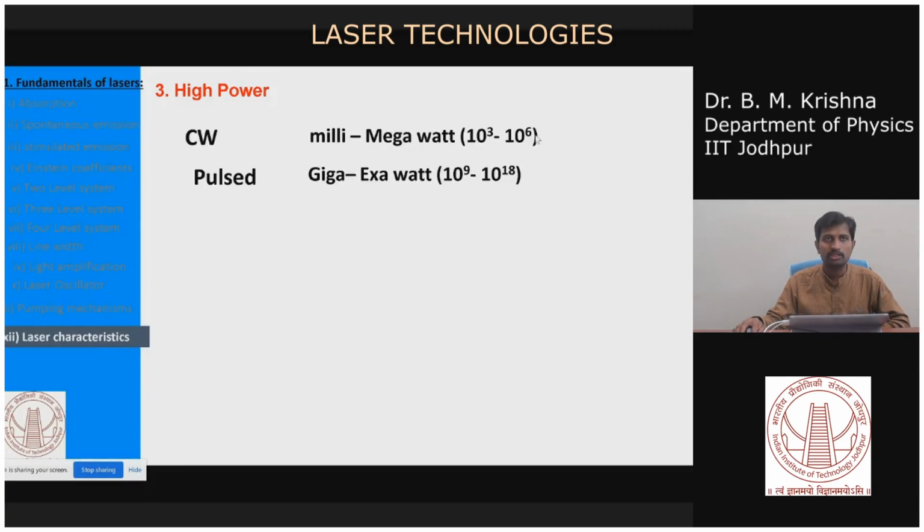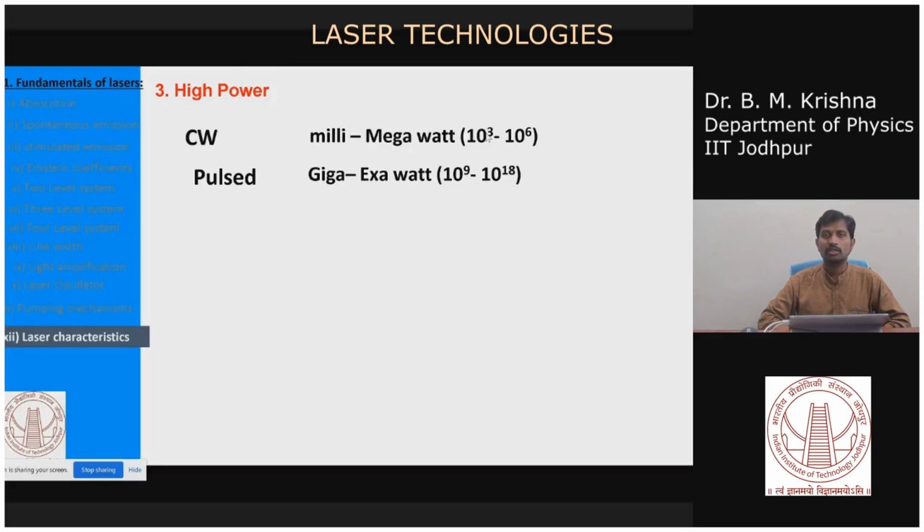There is a typo here. You can get milliwatts to megawatts, so it covers 10 power minus 3 watt to 10 power 6 watt. Milli to mega, mega means 10 power 6. With pulses you get giga to hexa: 10 power 9 gigawatt, 10 power 12 terawatt, 10 power 15 petawatt, and hexawatt. Now the technology is reaching hexawatt powers.